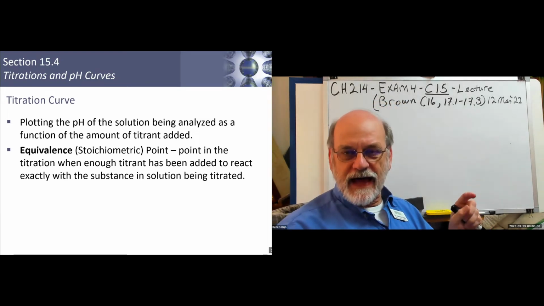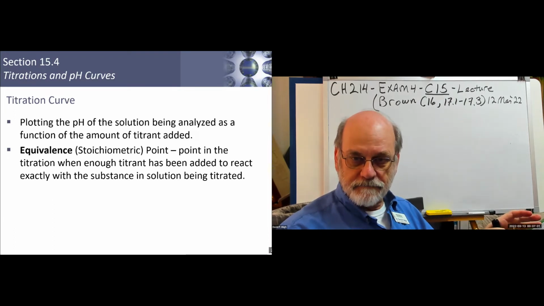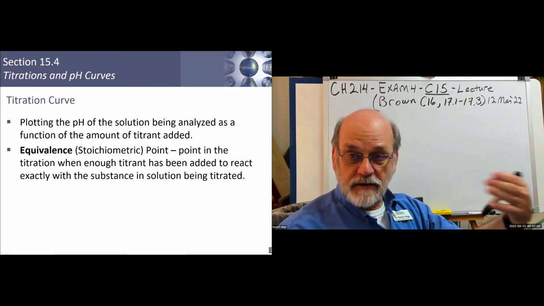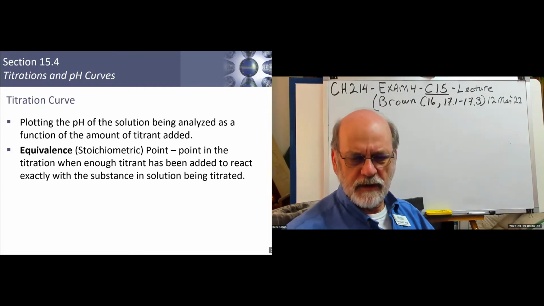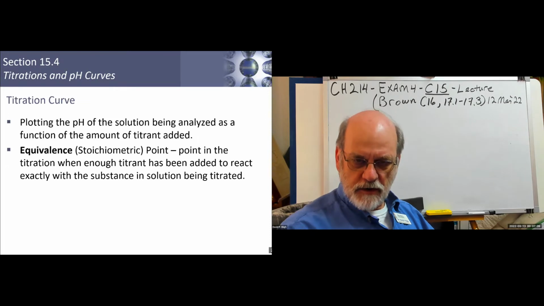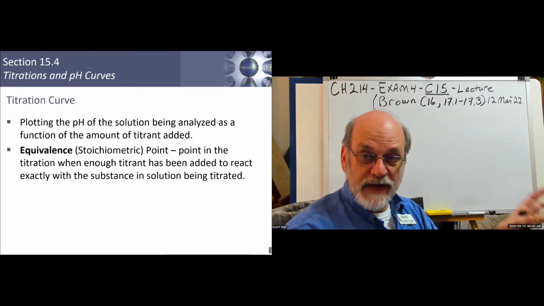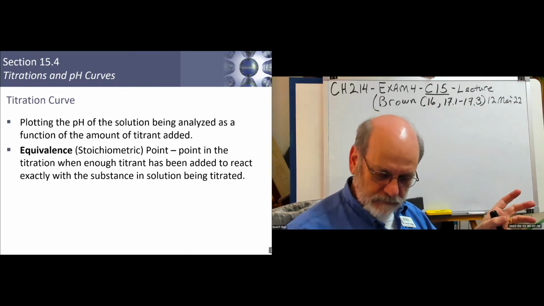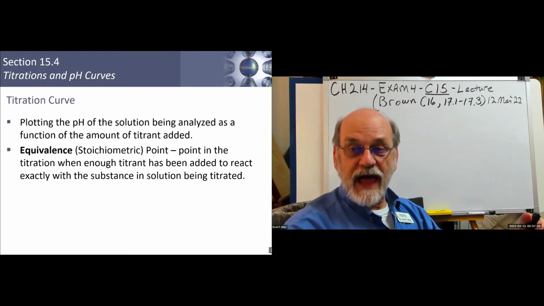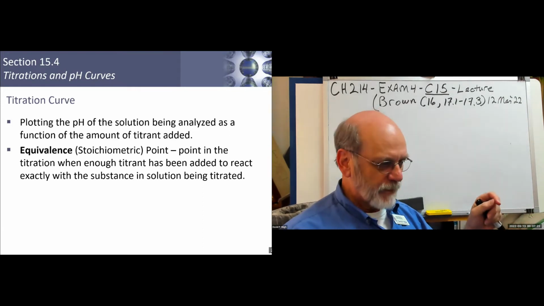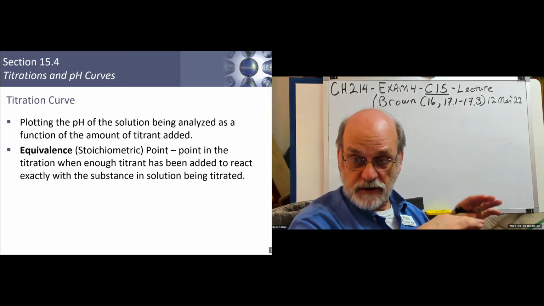If we have a solution of a weak acid and we start to add strong base to it, like sodium hydroxide, which is a good choice, and we're measuring the pH constantly as we add base to it, then as you add base, the pH is naturally going to increase.